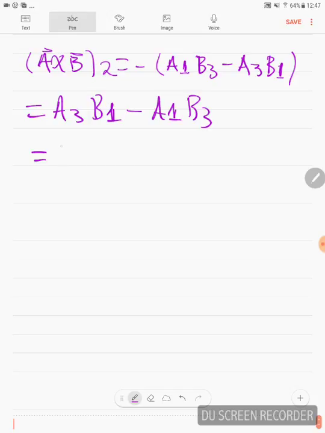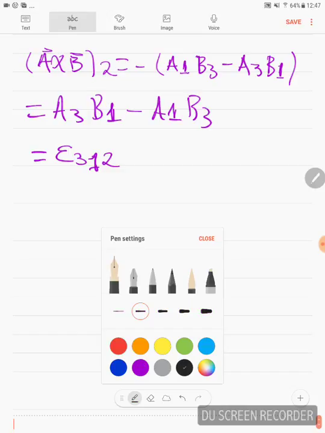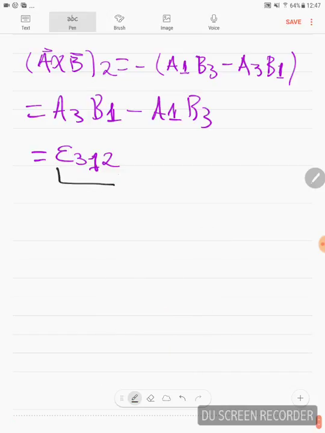This is equal to, let's write this tensor here, E3 1 2. This is actually a cyclic permutation of the tensor E1 2 3. So if I start with this, just by changing stuff, I will never pick up a minus sign. I will arrive here. The only thing you have to do is just to put this 3 up front with cyclic permutation.